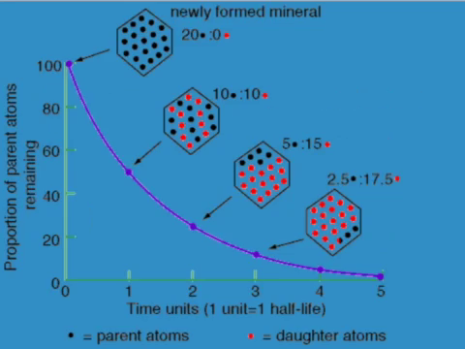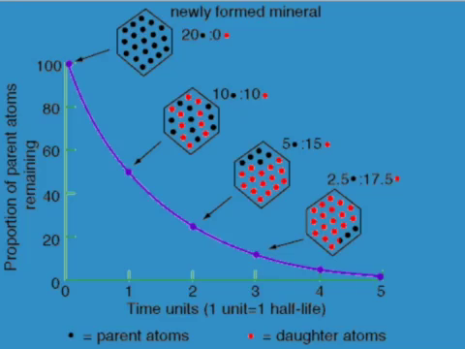Here are a couple of visualizations. At time 0, we have 100% of the parent atoms. At 1 half-life, half of the parent atoms are left. So we had started out with 20, now we have 10. So we have 10 parent and 10 daughter.